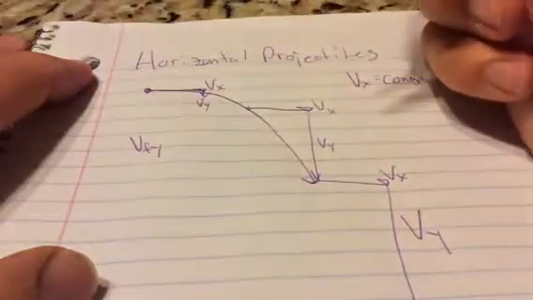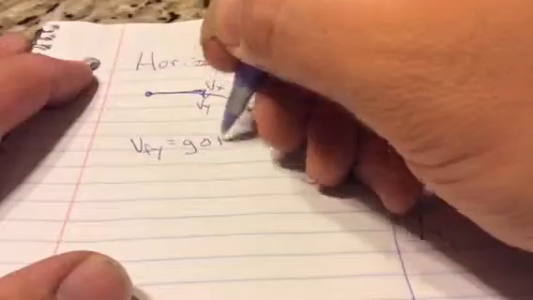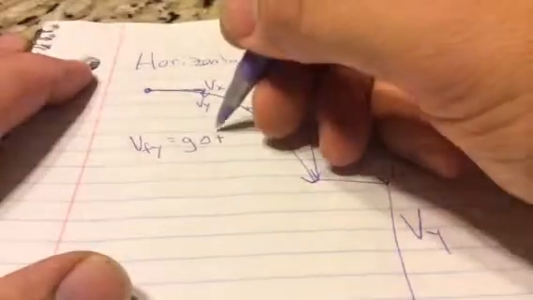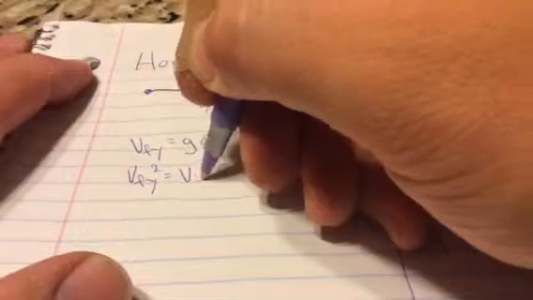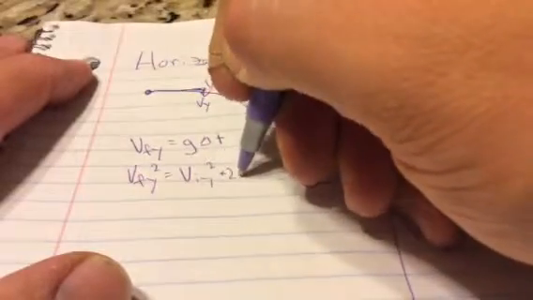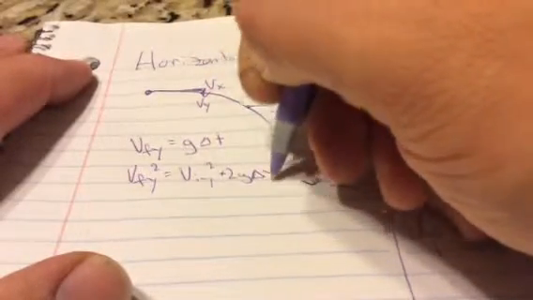However, in the y direction, v final y, you might say, is under the influence of gravity. If it falls for a certain time, it will have a certain speed. V final y squared equals V initial y squared plus 2g delta y.